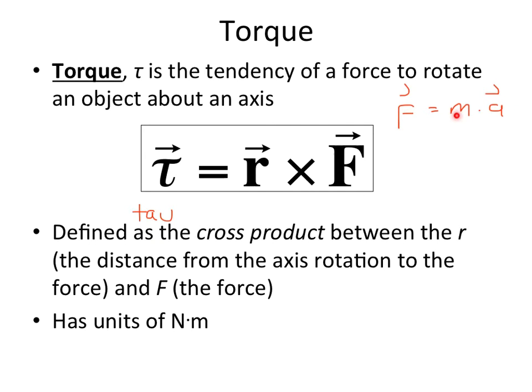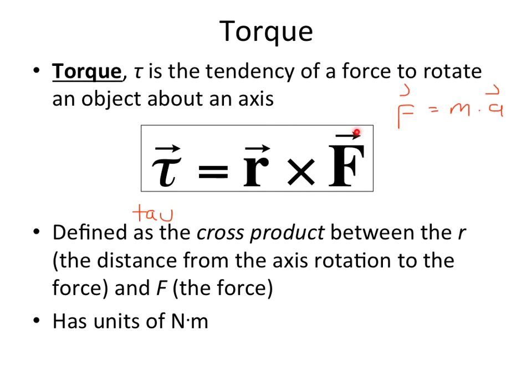Here we have two vectors multiplied by each other, this radius and this force. The result is that this torque, tau, is going to be in a direction that may be different than either of these two quantities, depending on how they're multiplied. So that's all I'll say about that for right now.